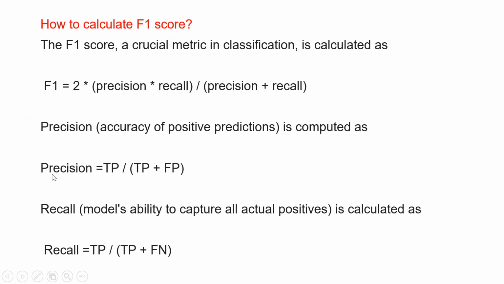So how will you calculate the F1 score, students? The F1 score, which is a very crucial metric in classification, is calculated as 2 multiplied by precision into recall divided by precision plus recall. And what is precision? It is the accuracy of positive predictions, computed as precision equals TP divided by TP plus FP.